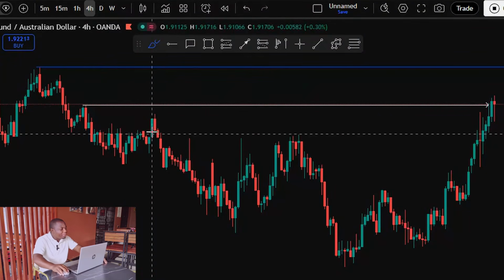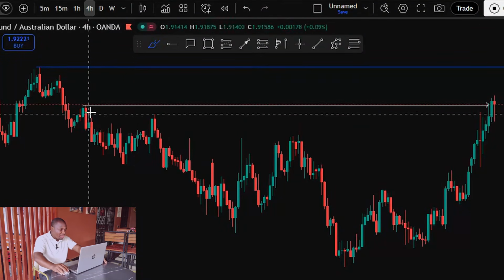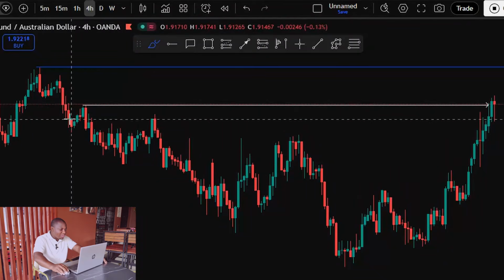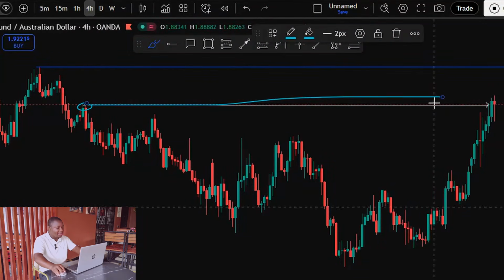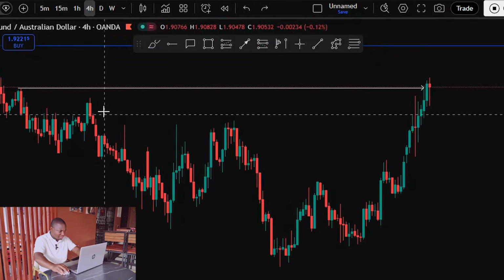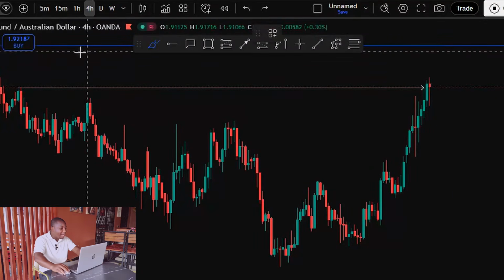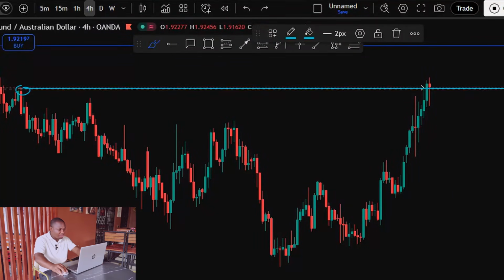Let's take an example from the 4-hour time frame. This is our area of value from the H4 time frame. Can you see that? Once the price approaches there, we start making more informed decisions based on what the price is telling us.